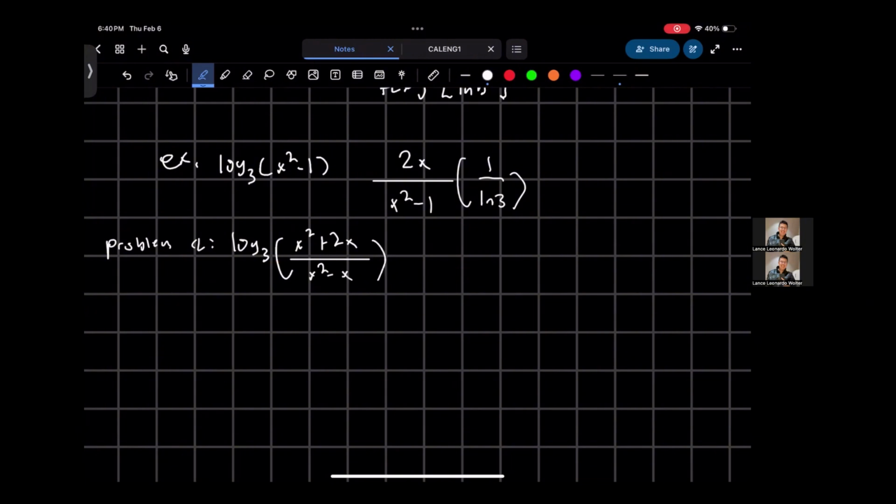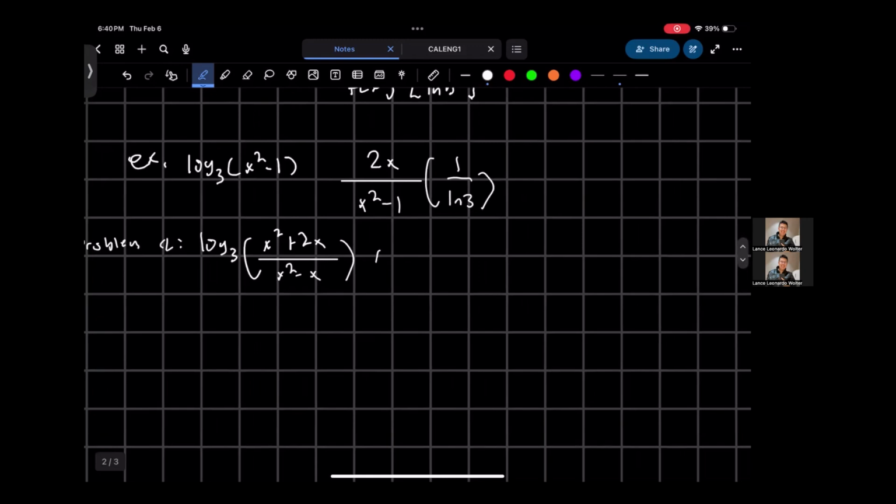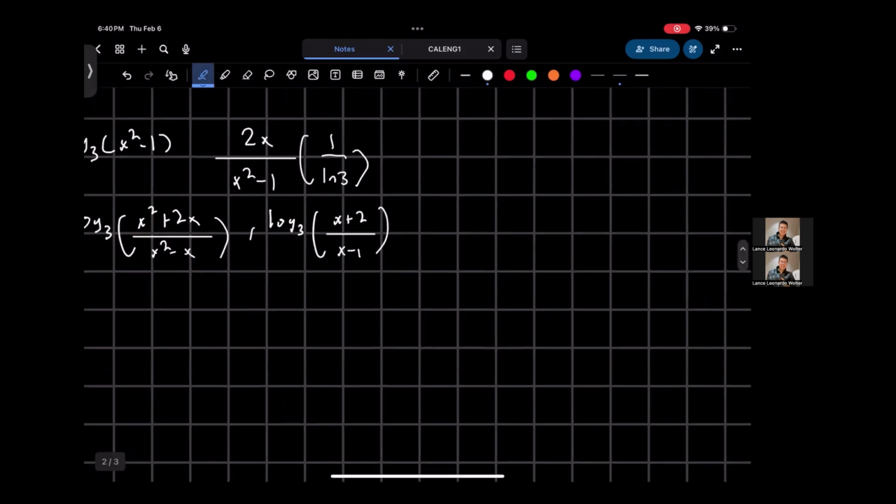Now, you can go directly getting the derivative of this function. However, the problem is you can further simplify it. And how do you do that? Well, you can see that you can just factor out the x here. So that will just be log base 3 of, I'm going to do a shortcut, so it'll just be x plus 2 over x minus 1. So this is now going to be our function.